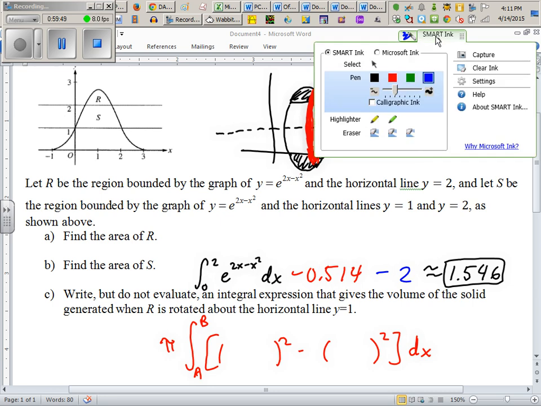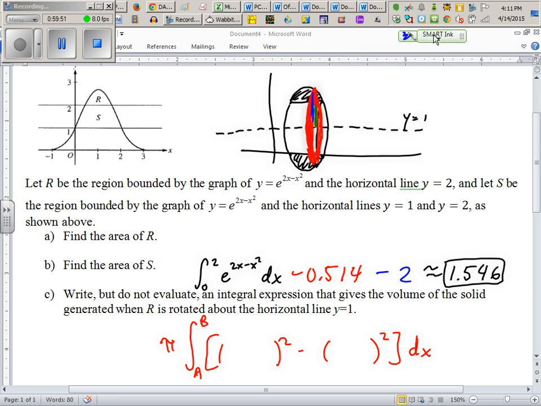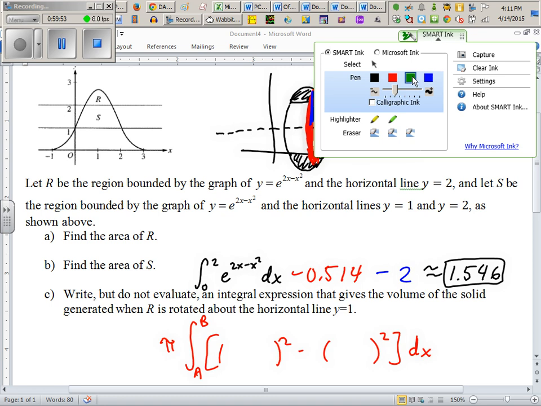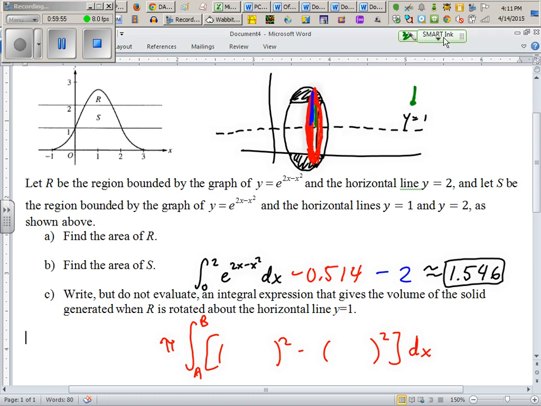Let's do green and blue. So we have green for the little guy this time, blue for the big guy. Let's look at that little radius. So that little radius runs from a point on the line y equals 1, so this is the point x comma 1, all the way up to, and notice that the top of this green segment is really just the y equals 2 line, so x comma 2.